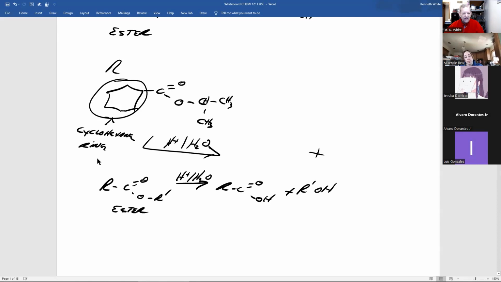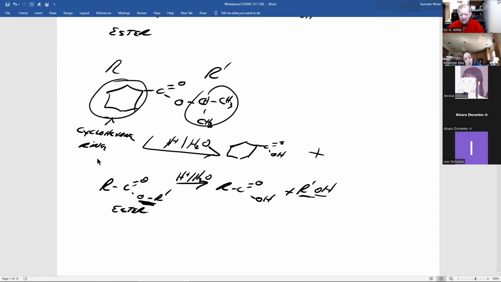What's our cyclohexane ring? What's our R prime, isopropyl? Remember, the carbon with the oxygen here is the carbon with the hydroxyl group here. Again, the carbon with the oxygen here, an R prime, will be the carbon in R prime with the hydroxyl group. With that in mind, R is cyclohexane.